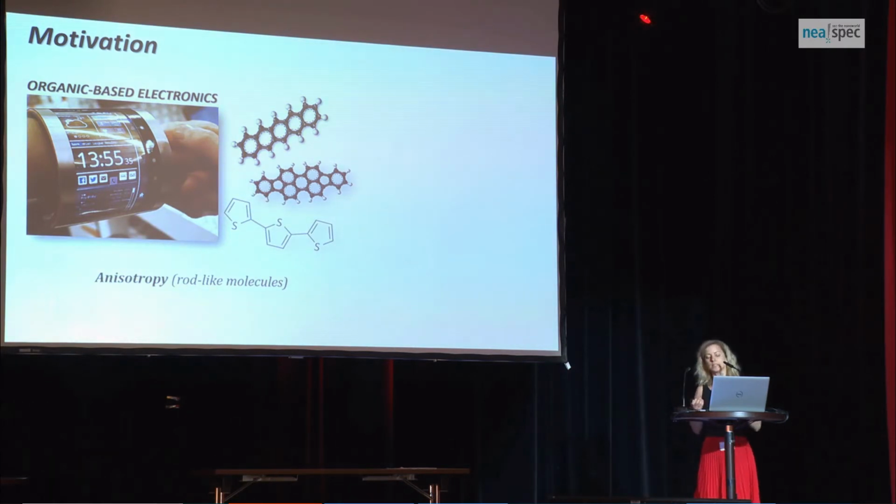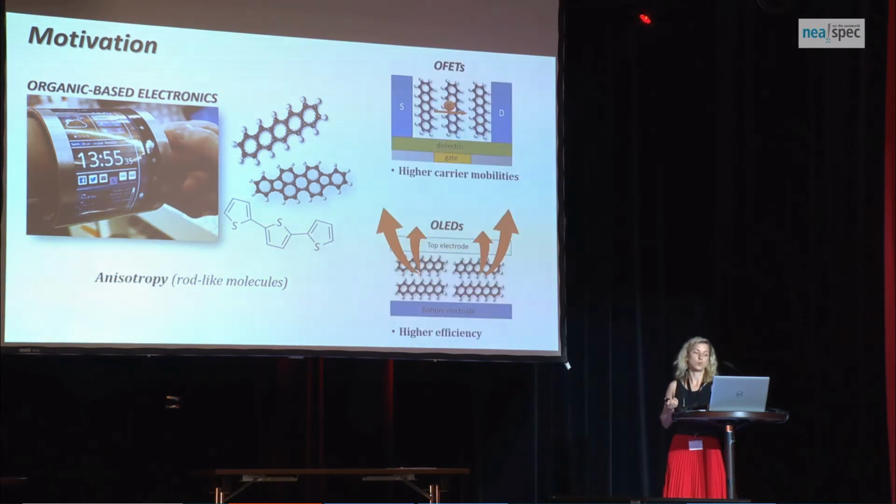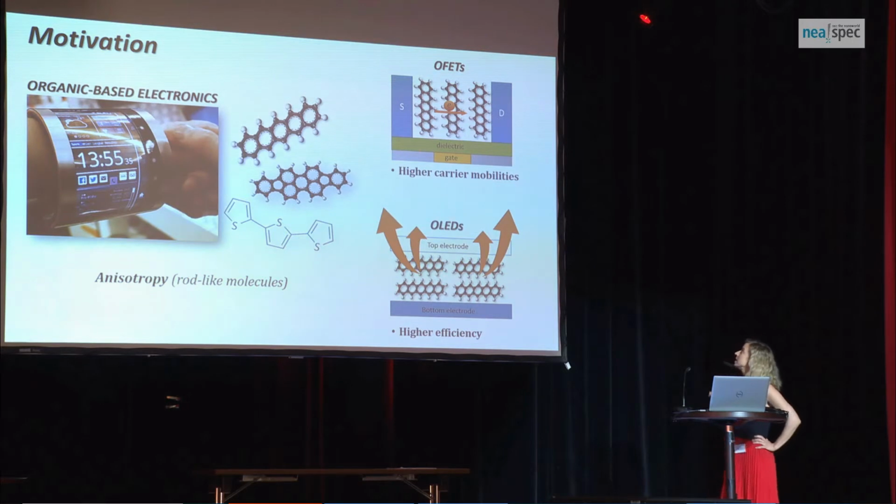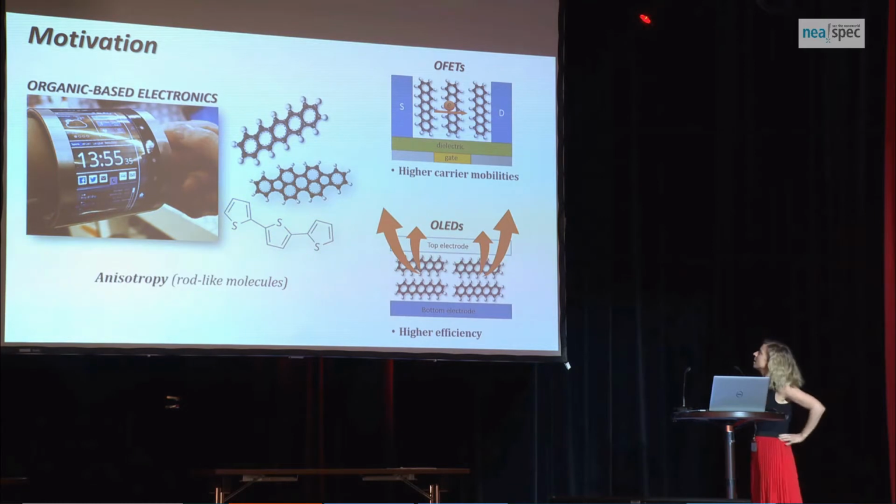And this is used for organic-based applications. For example, here you can see the organic field effect transistor, where higher carrier mobilities were obtained when the molecules were oriented in the standing up orientation, so the carriers were more effectively driven between the source and the drain.